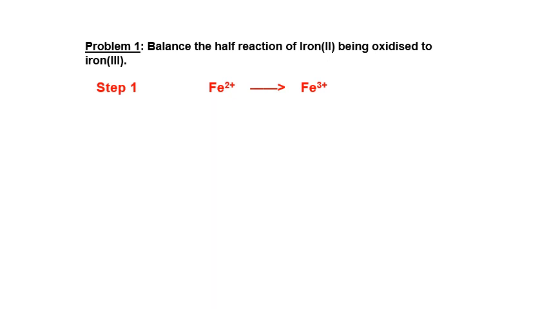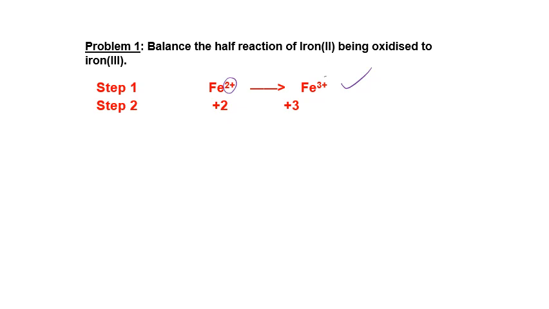Okay, so the first step is working out if the number of atoms of the species that's being oxidized is going to be equal on both sides. And indeed that's the case: iron stays as iron, so it's a 1-to-1 ratio, all good. Then we have to work out the oxidation number of each of the species involved. Iron 2+, the charge is 2+, therefore the oxidation number is +2.